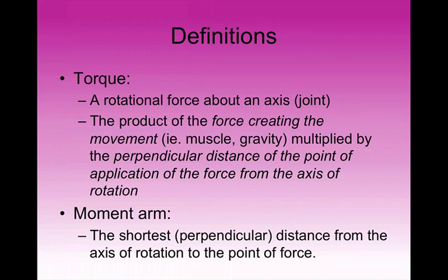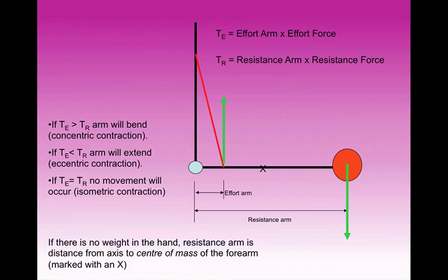So there's going to be an effort moment arm and a resistance moment arm, and those again are the perpendicular distance away from the axis of rotation at which either the effort or the resistance force is applied to the bone. In this case, the bone is going to be our lever. This will become clearer here in a moment. So here we go. Let's clarify that.